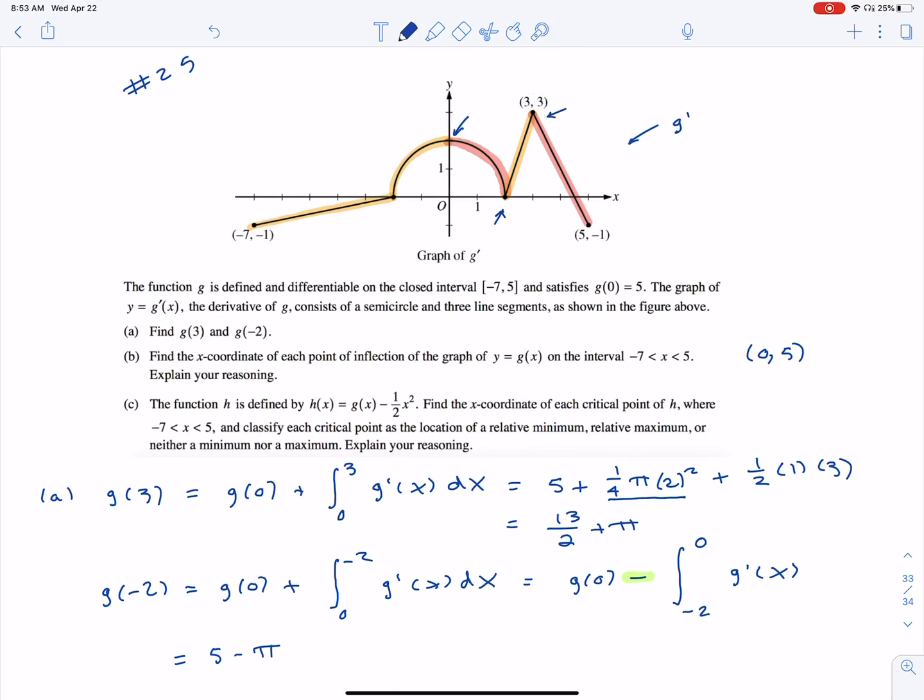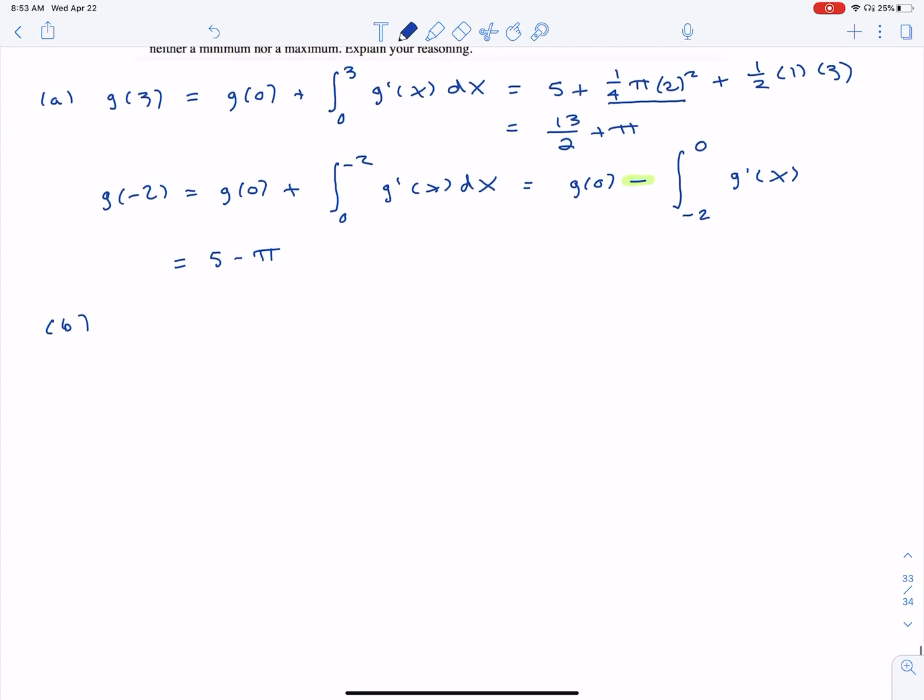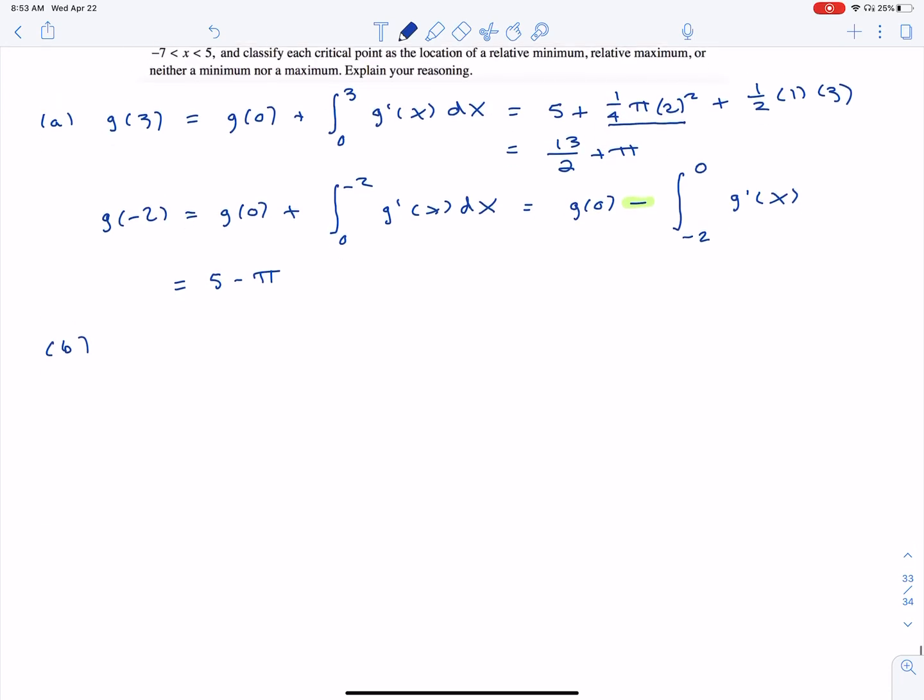Okay, so we have 3 inflection points, one at 0, one at 2, one at 3. So let's do it. I'm going to type this.